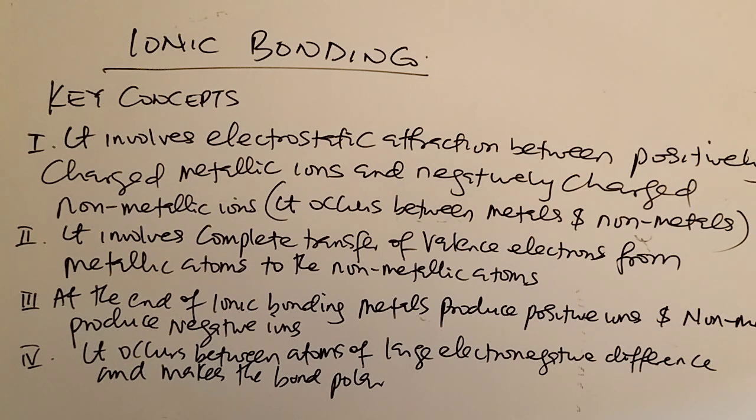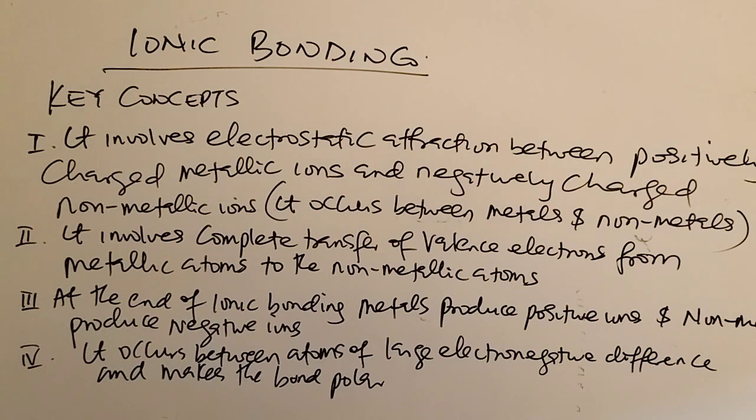Any compound that contains a metal and a non-metal, for example, sodium chloride, sodium is a metal, chlorine is a non-metal. Calcium oxide, calcium is a metal, oxygen is a non-metal. So any compound that involves a metal and a non-metal contains ionic bond.